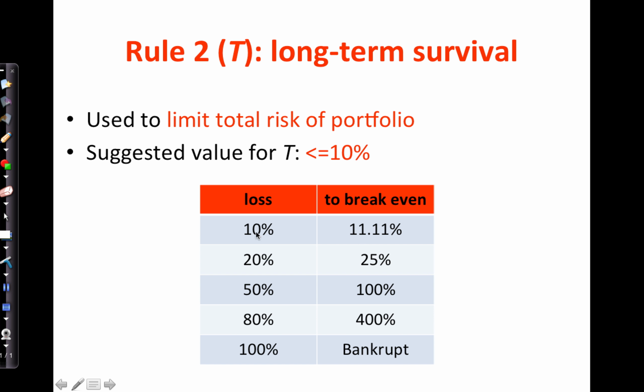And you see here, if you lose 10% of your capital, you need 11.11% to break even. But when you start to lose more, like 20%, then you see you need 25% to break even. And when this number increases, it's even worse. When you lose 50%, you need to make 100% to break even, right?